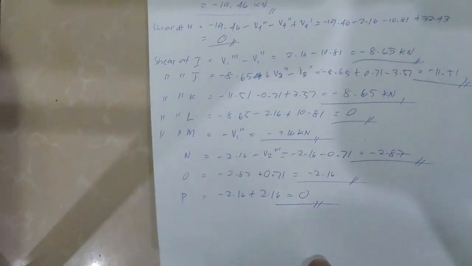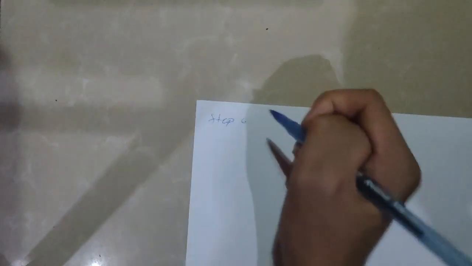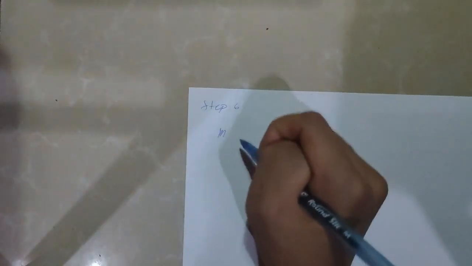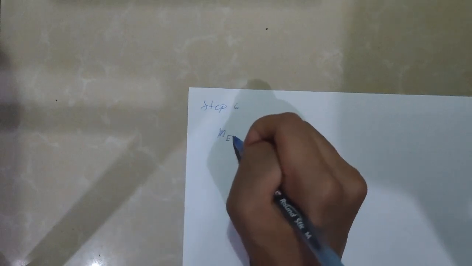That leads to our final step. Step 6, moment in beam. So to get the moment in the beam, moment EF, all we have to do is multiply the shear that we got by half of the span of the beam.